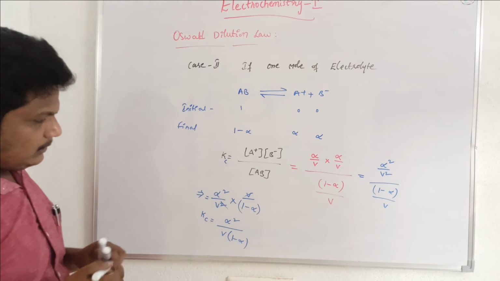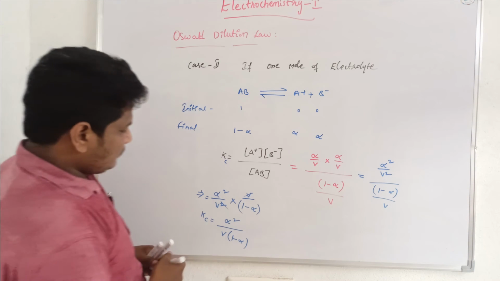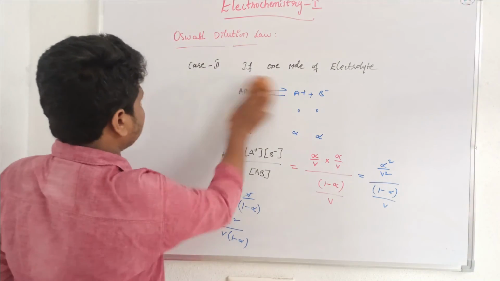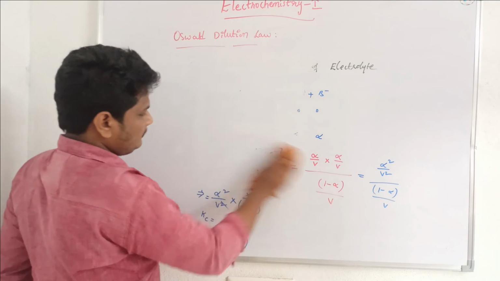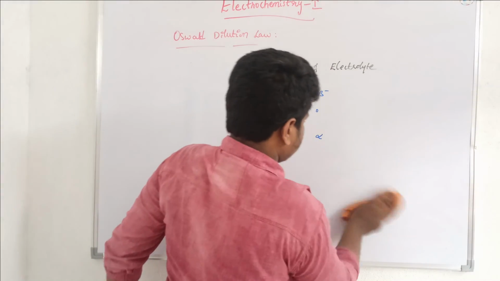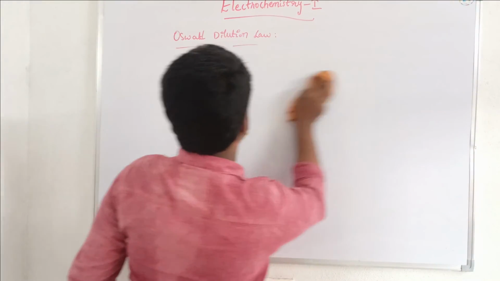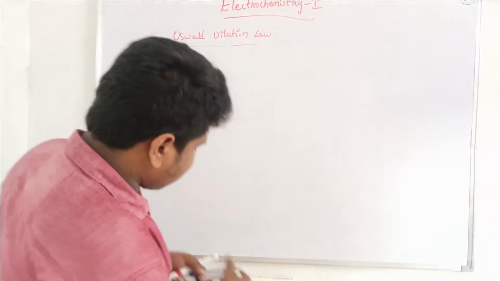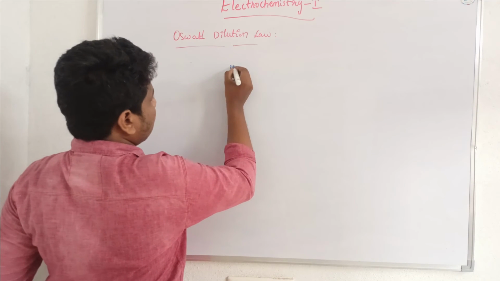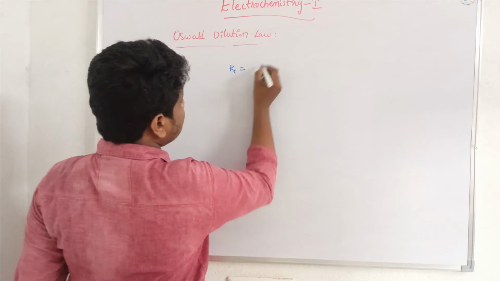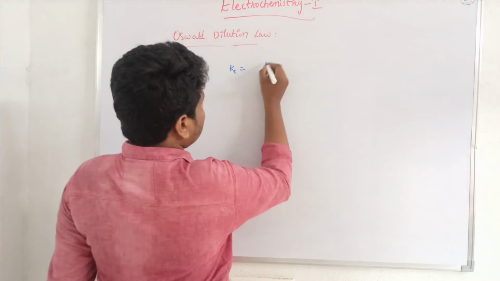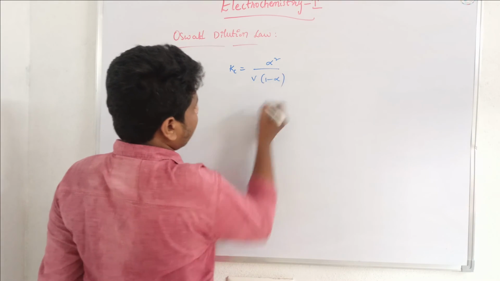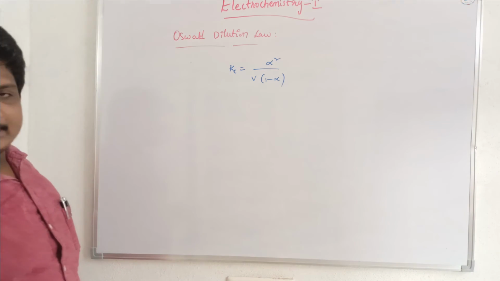I am writing this again on the top side. Kc is equal to alpha square by V into 1 minus alpha. So this is the equation we got.